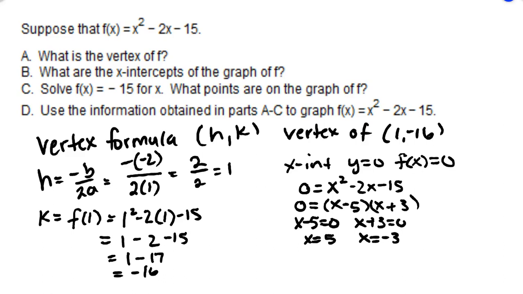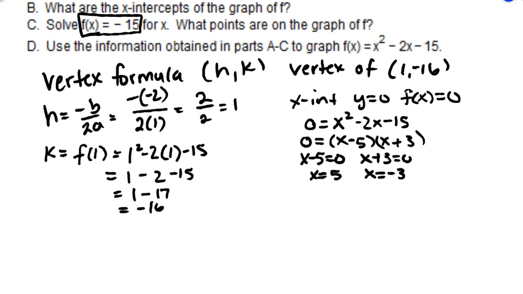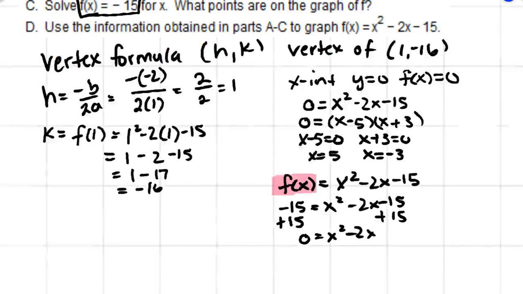For part C, we want to solve this equation f of x equals negative 15. So using our function f of x equals x squared minus 2x minus 15, we want to set f of x equal to negative 15 and solve. I'll move all the terms to the same side, so I'll add 15 to both sides, and that gives 0 equals x squared minus 2x.